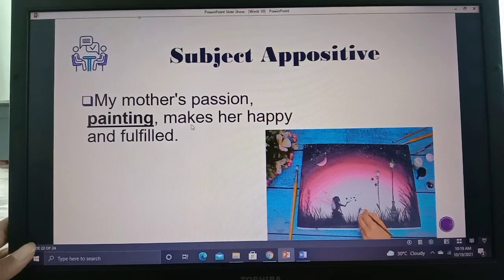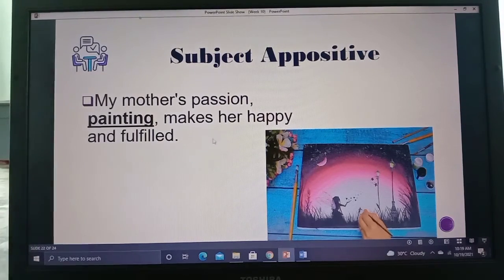Ito yung pinakamadaling ma-identify na gerund sa sentence, kasi madalas ito ay kung ano yung tinutukoy. Parang subject appositive siya. So, my mother's passion. Ano ba yung passion? Painting. Ayun. Ano yung nagagawa ng painting? Makes her happy and fulfilled. So, ito yung example ng subject appositive.